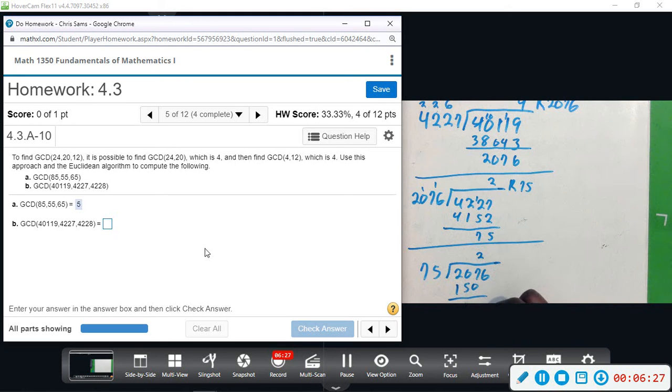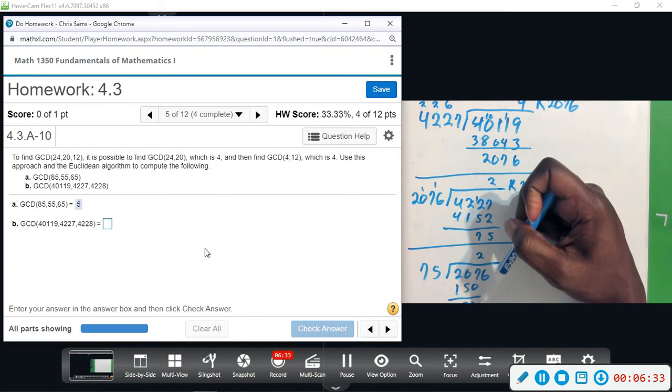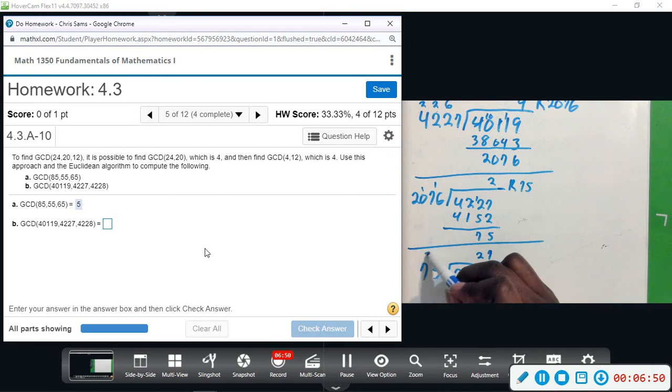Subtract, that will give us 57, bring down the 6. 75, we're going to 576, 6, 7 times. 7 times 5 is 35. 7 times 7 is 49, plus 3 is 52.